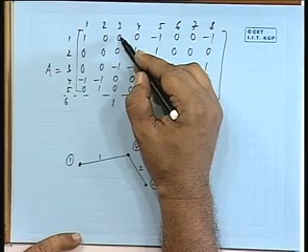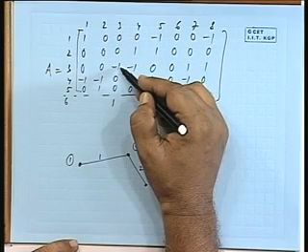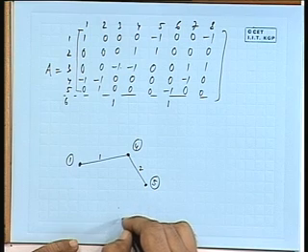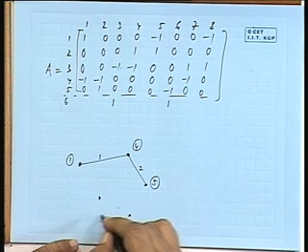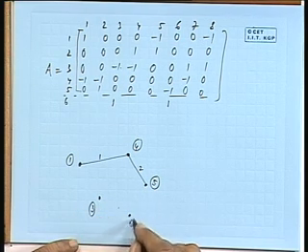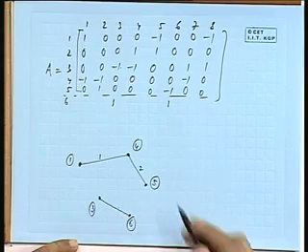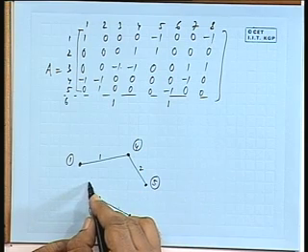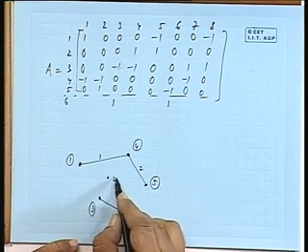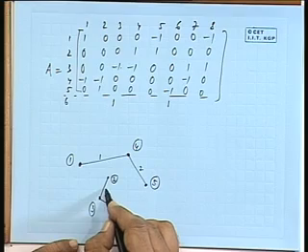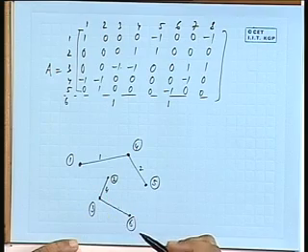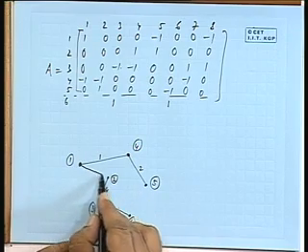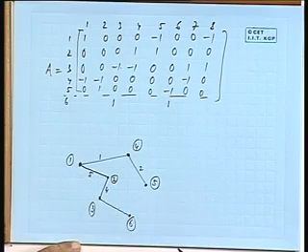Element number 3 is between 3 and 6. Then element number 4 is between 2 and 3. Okay, let me put it here. Element number 4 is between 2 and 3. Element number 5 is between 1 and 2, element number 5.